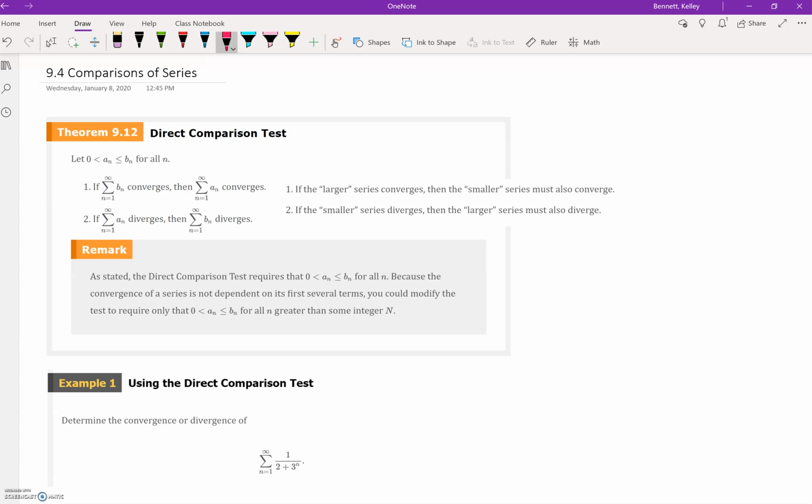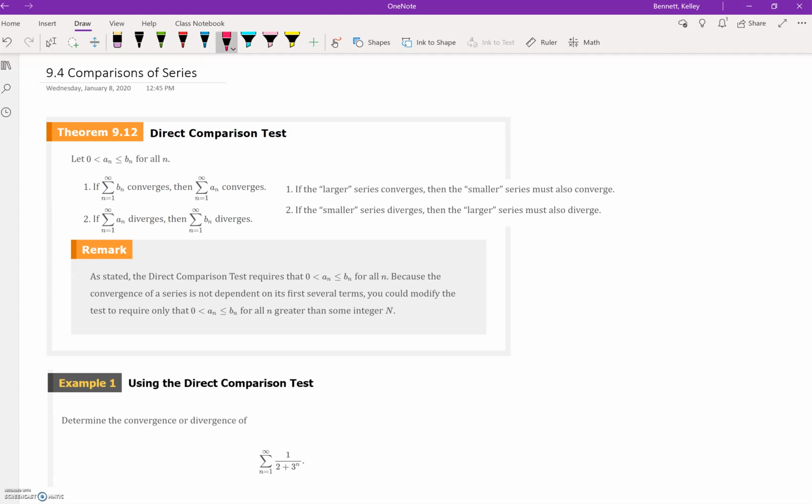And so if the series of b sub n converges, then so does the series of a sub n. That is, if the larger series converges, then the smaller series must converge. And also, if the smaller series diverges, then the larger series must also diverge. So it gives us a clue on how to approach the convergence of given series.